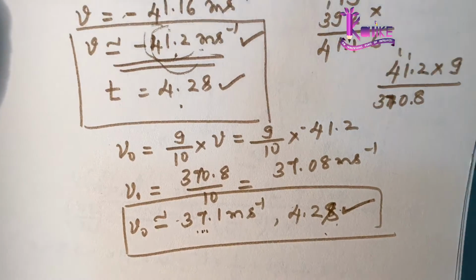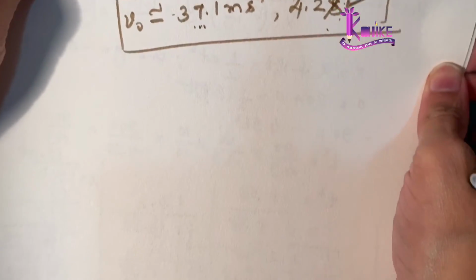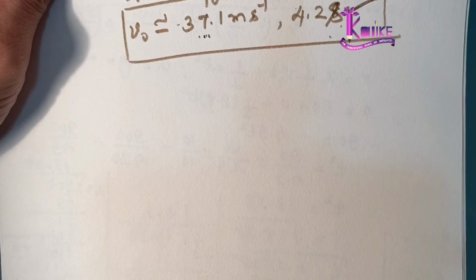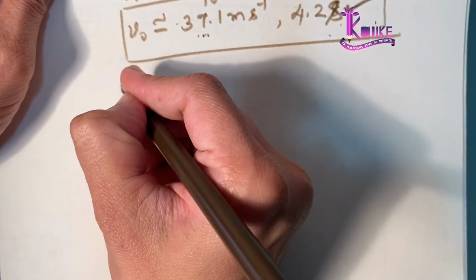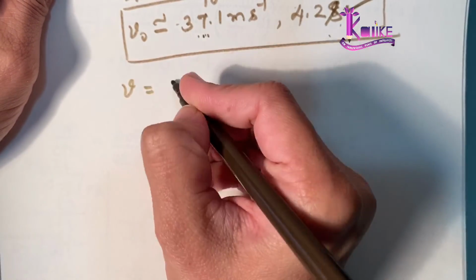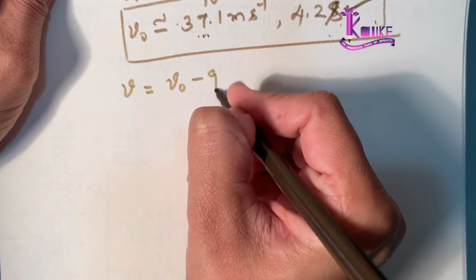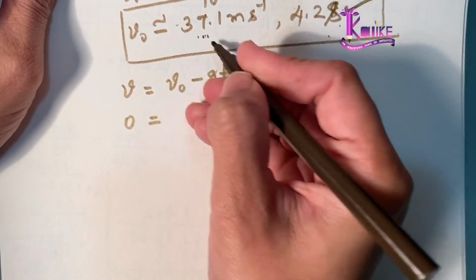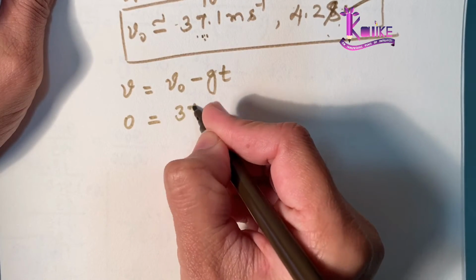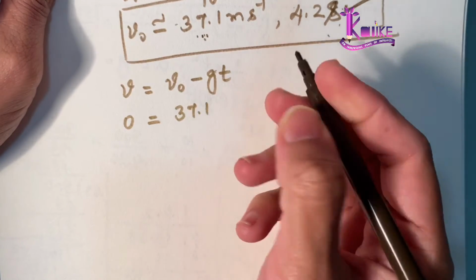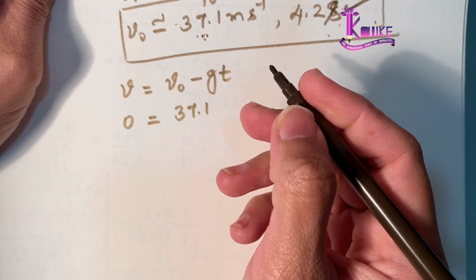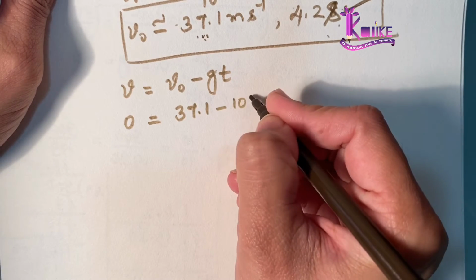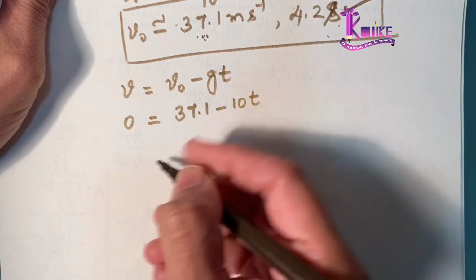So after it rebounds with this velocity, what is the time taken by the ball to reach the maximum height position? At the maximum height position I know the final velocity will be 0. The initial velocity is now 37.1, or you can just use 37.08, minus 10 into t, right?